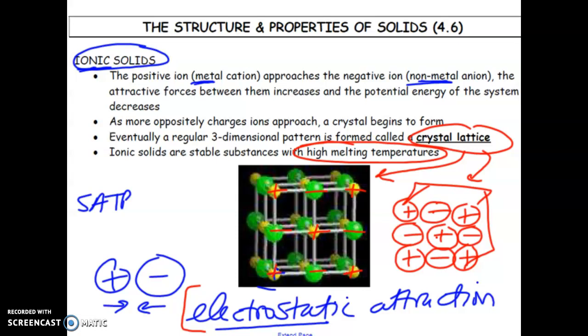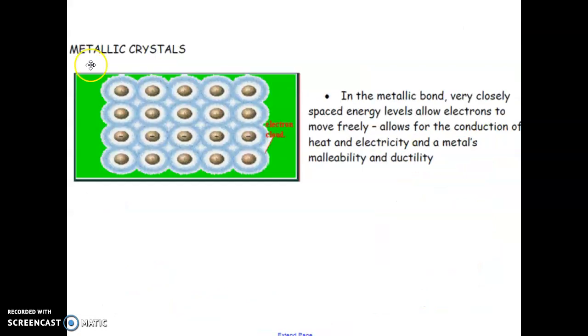Okay. So the next type of solid is a metallic crystal, or sometimes we just refer to this as metals. Metals are solid, with the exception of liquid mercury. Every other metal at SATP conditions is a solid. It says here, funny enough, metallic bond.